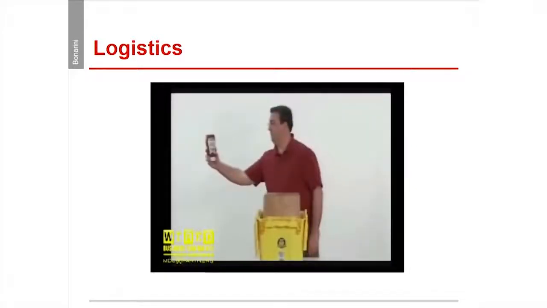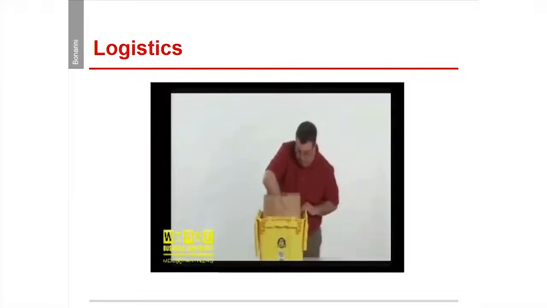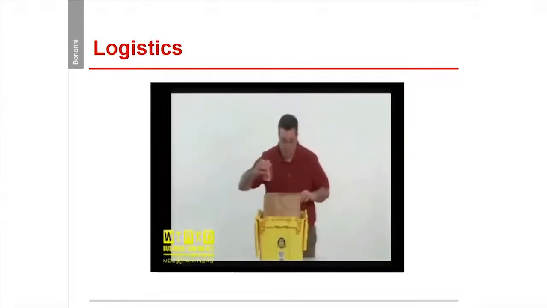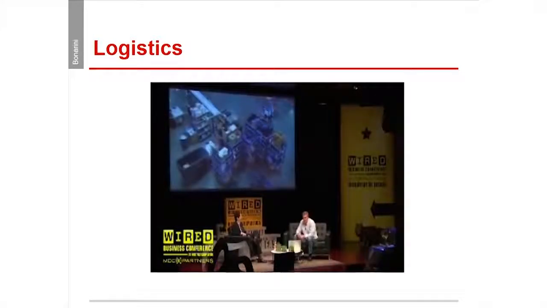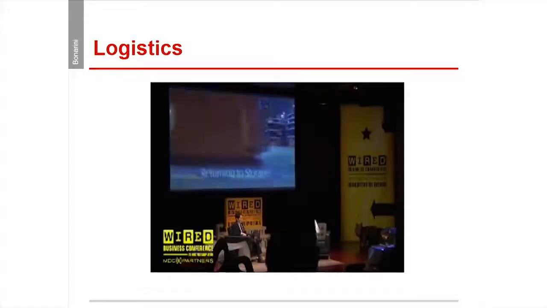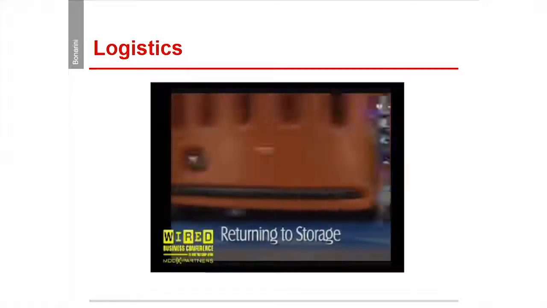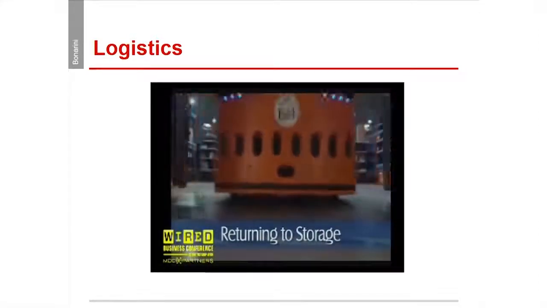We have this robot that can do something like that, making it possible to have the person having the right things at the right moment to put in the package. And this is done actually like this. So the robots come there. You see up there that here we have an operator filling the things, and then everything is returned into storage.